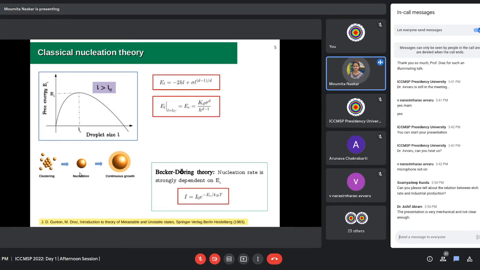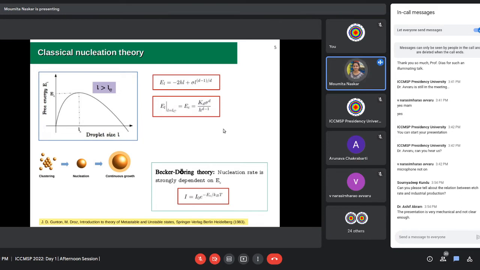So the main point is that the metastable state decays to the stable state through this nucleation process. Later, in 1935, Becker and Doring predicted by analytical calculations that the rate of such a nucleation process is strongly dependent on the energy barrier, or critical energy, corresponding to the critical size of the droplet. So definitely the metastable lifetime also depends on this critical energy.